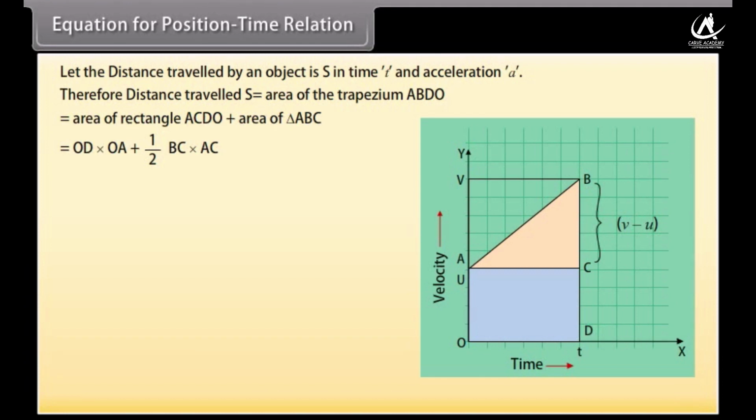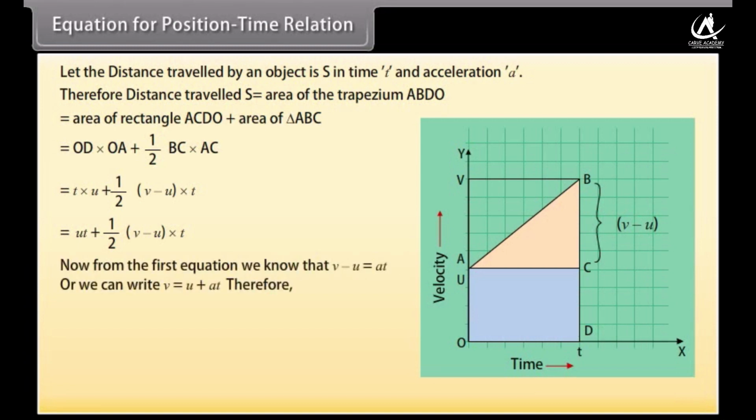Now putting the values, we get t into u plus 1 upon 2 into v minus u into t. On solving further, we get ut plus 1 upon 2 into v minus u into t.